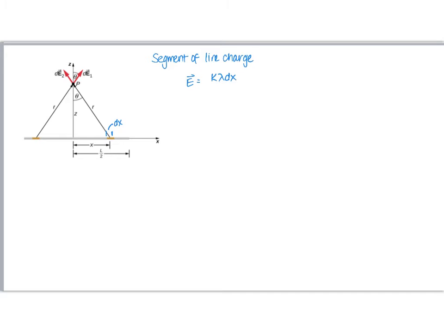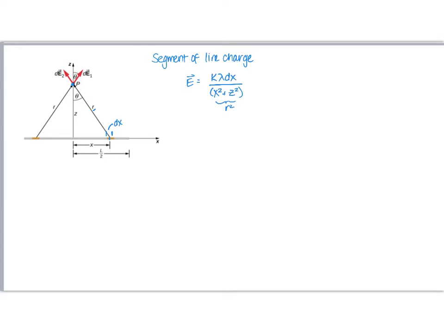And the distance from this charge right here to the point P that I'm interested in is this radius right here. But I'm going to write that using the Pythagorean theorem. It's going to be x squared plus z squared, and it would be the square root of that, but then you square that distance. So remember that this represents r squared right here.